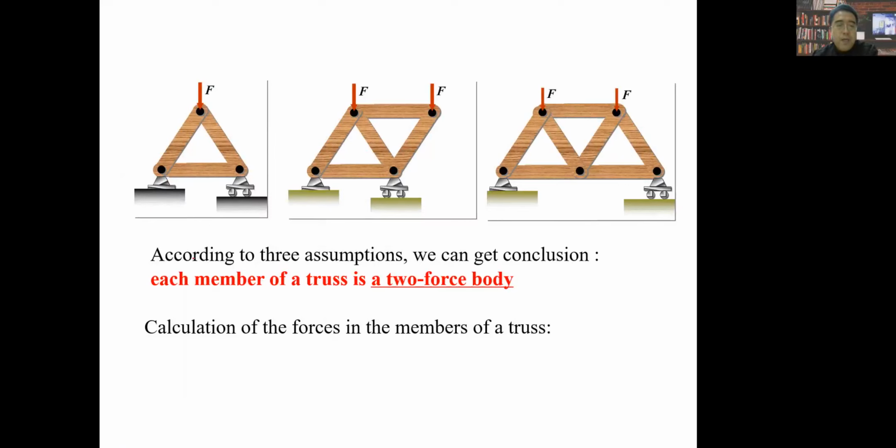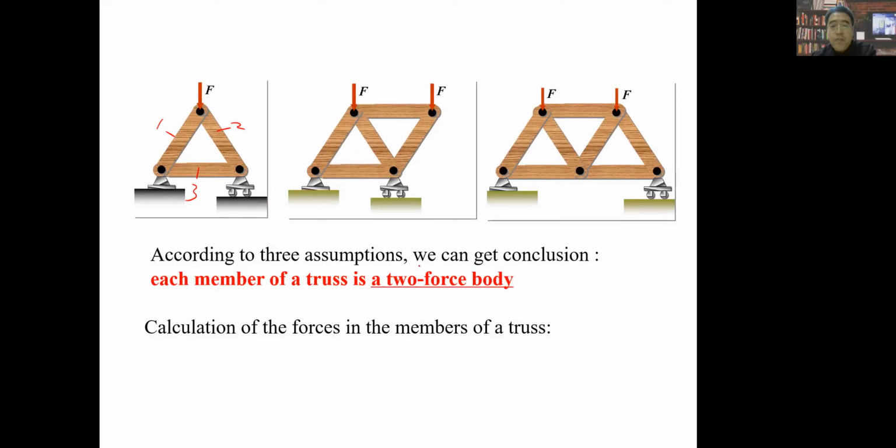According to the three assumptions we just mentioned on the last page, we can get a conclusion, you know? This is a very important conclusion. Each member, like here, 1, 2, 3, 4, 5, and so on, of a truss is a two-force body.